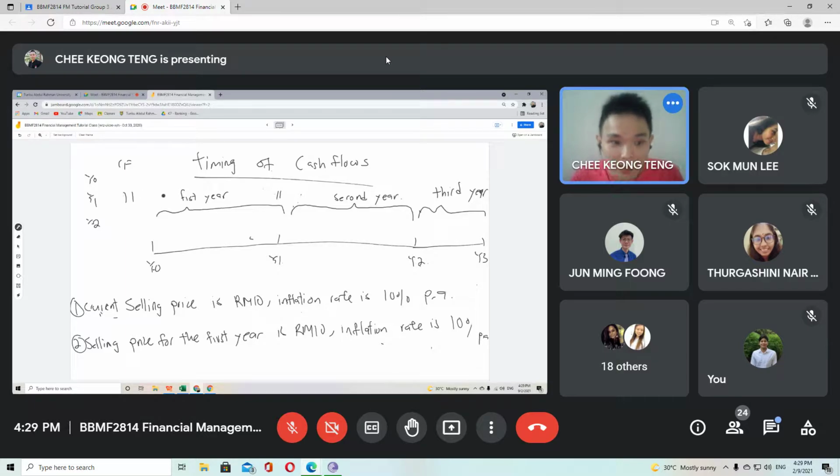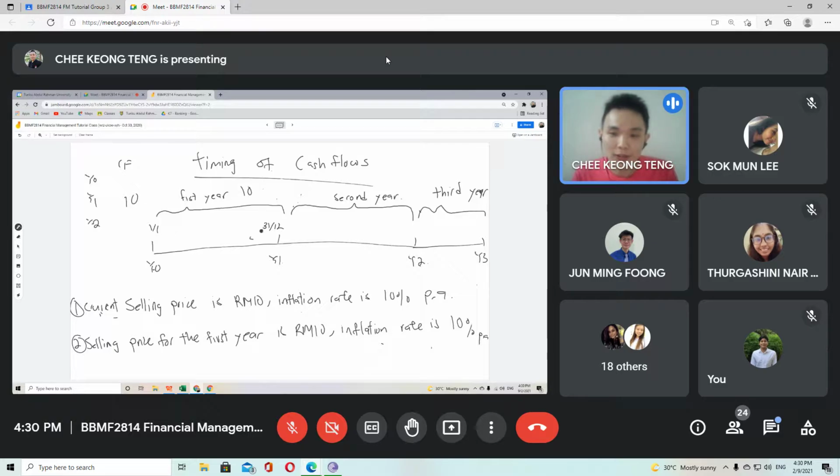All right, and if let's say I change the question to selling price for the first year is 10, inflation rate is 10% per annum, then your year 1 is 10, it is not 11, because this one is telling you, selling price for the first year. It means that from 1st of January until 31st of December, this whole first year the selling price is 10.